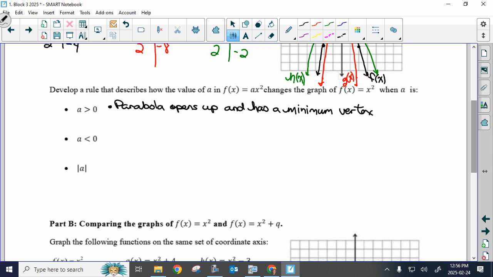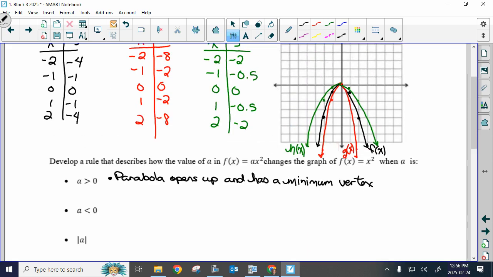Now, vertex is that turning point. If you look at all of these with negative A's, we're going up and then going down. This is the vertex. And as soon as we're opening down, we have a maximum vertex. So we're just going to learn.